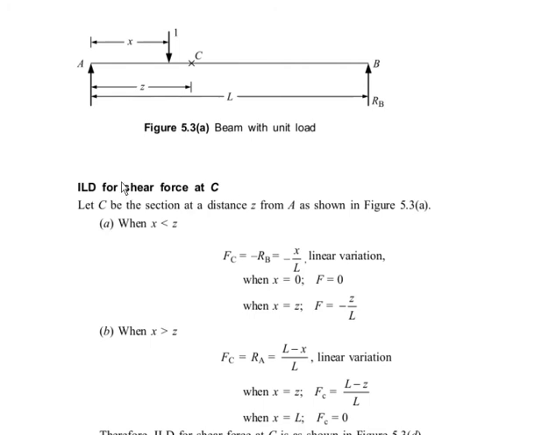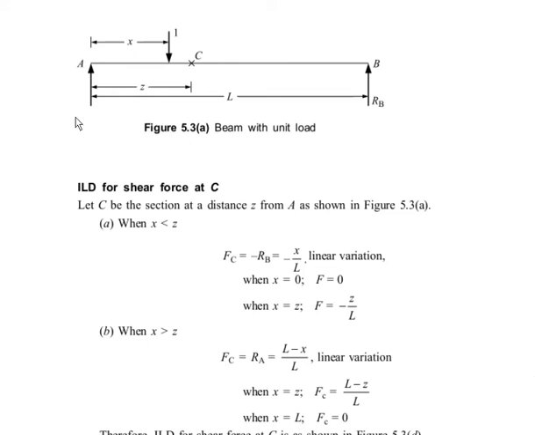In any case, we have to just calculate the shear force at C. So the first case is when X is less than Z, when the unit load is in between A and C, what is the shear force at C?